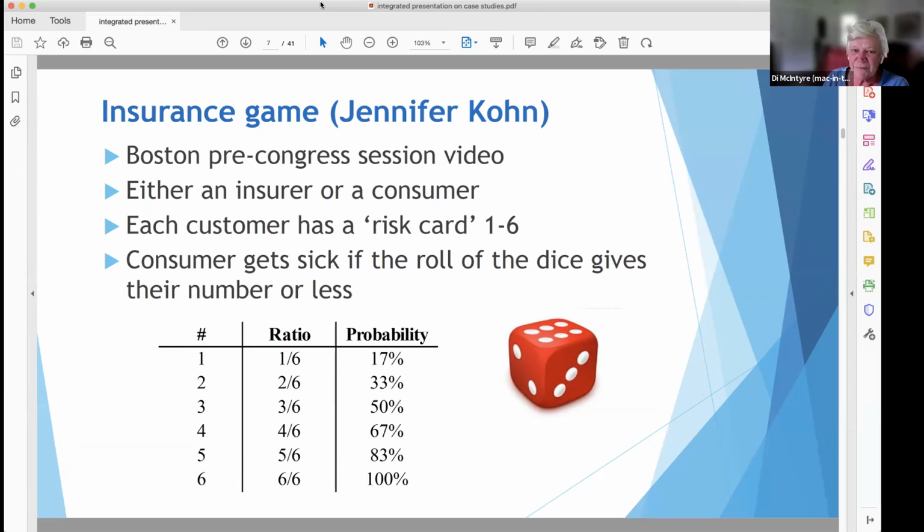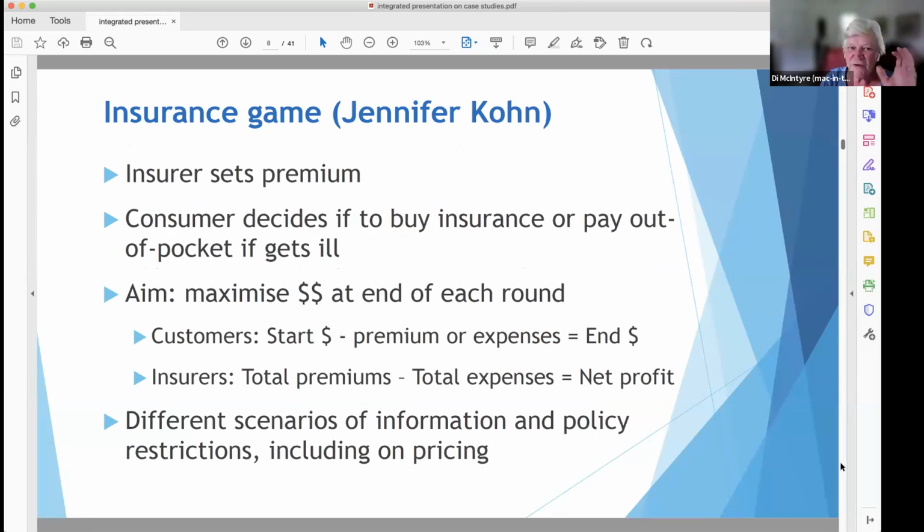And you roll a dice in the game, and if a number comes up of, say, 2, then all of those who have that 2 fall ill in terms of the game. And what the insurers have to do is work out how to set the premium, and the consumers decide essentially if they want to buy insurance or pay out of pocket if they get ill.